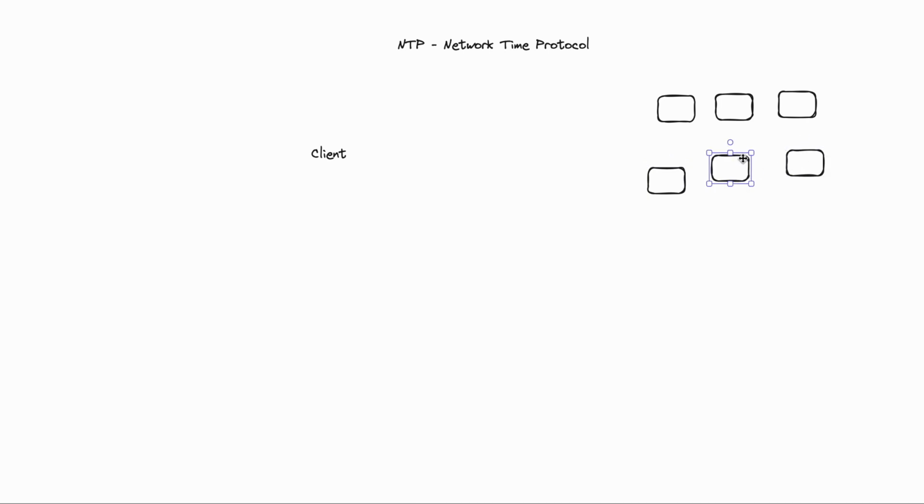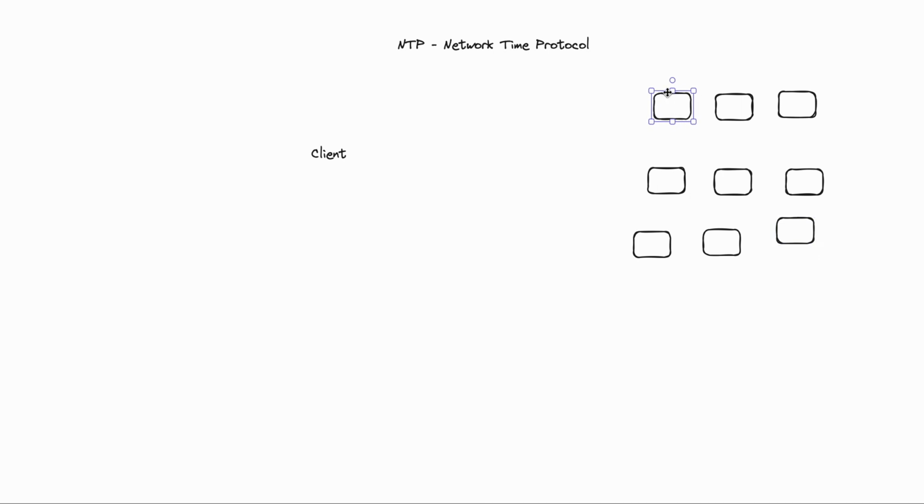The main thing to understand here is that each level of server is called a stratum in the NTP protocol. There are servers located at level 0, which means stratum 0.